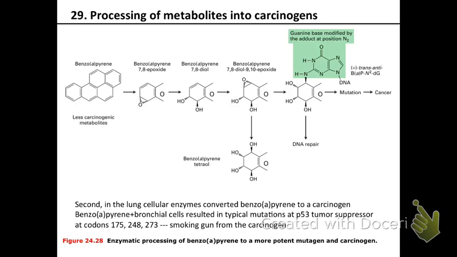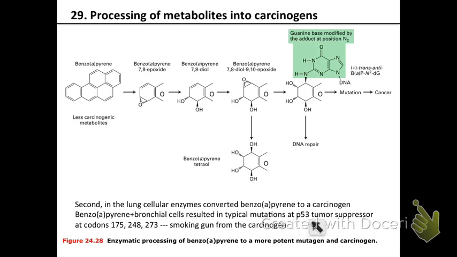So what the researchers did is they took some lung cells, bronchial cells that you can grow in a dish, added some benzopyrene to these cells, incubated them and grew the cells for a while, then took the cells, isolated the DNA, and sequenced the p53 gene.